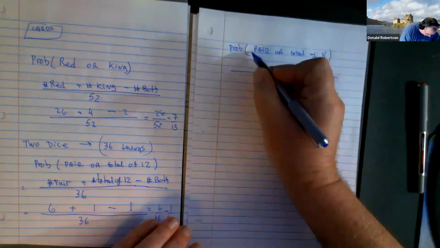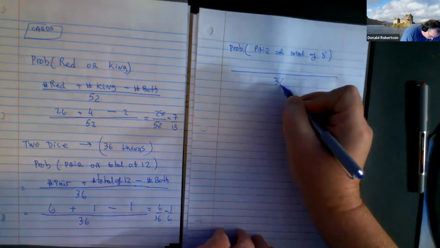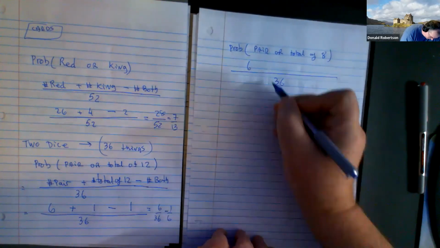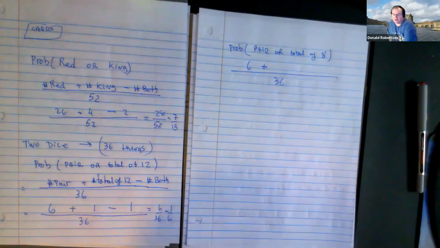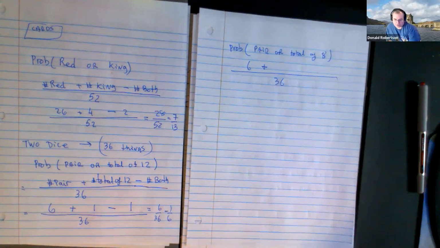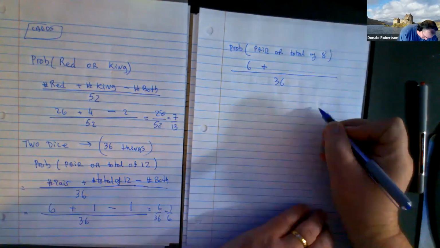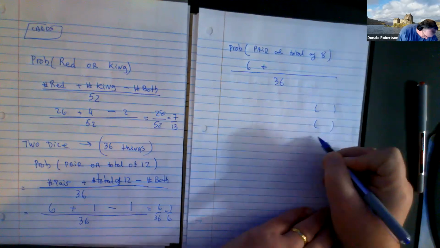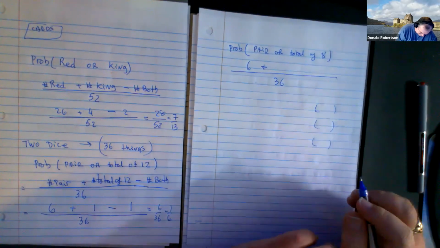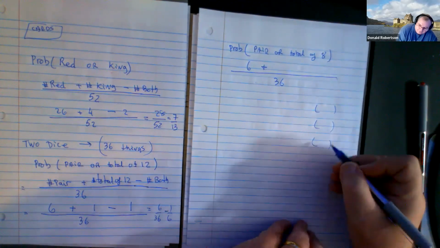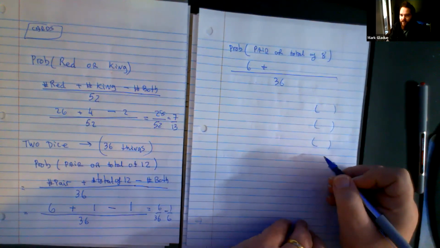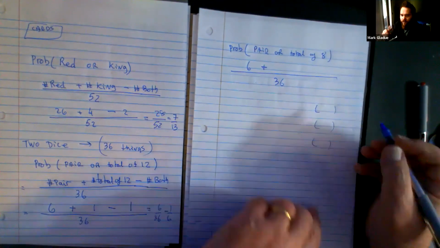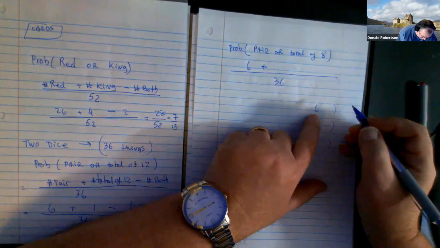I won't write down all the pieces this time. There's still 6 pairs. How many ways can you get a total of 8? Three, I guess. 6 if you want to count the reverse of each. You want to count the reverse, yes.